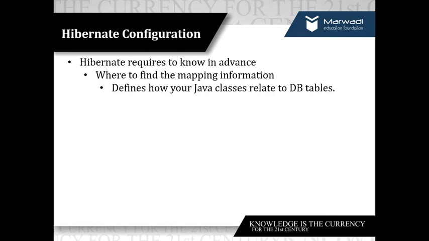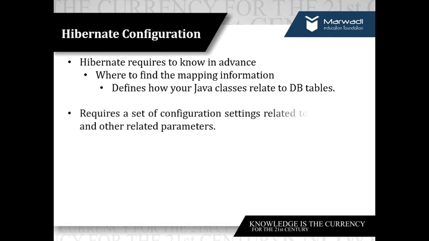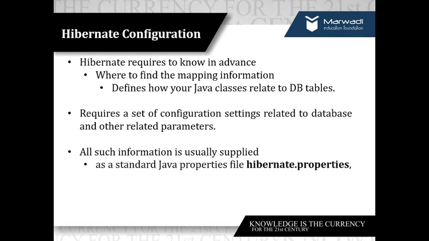So Hibernate requires a set of configuration settings related to the database and other parameters, and all this information is supplied using a Java properties file, that is Hibernate properties, or as an XML file, that is the hibernate.cfg.xml file. We'll be using this XML file for the program that we see further.